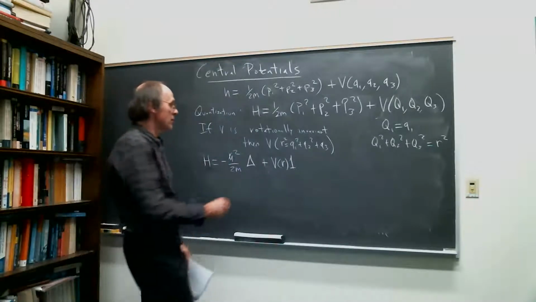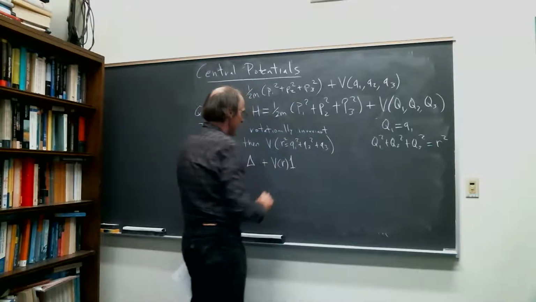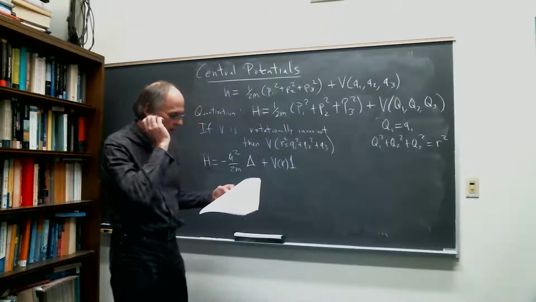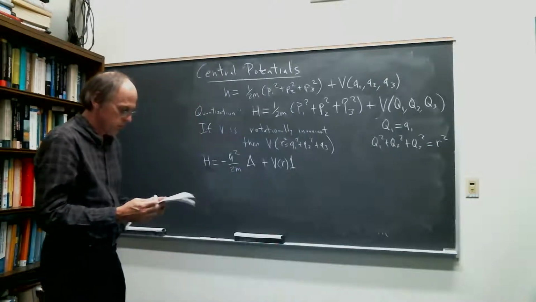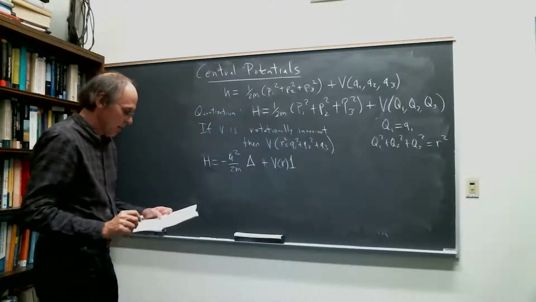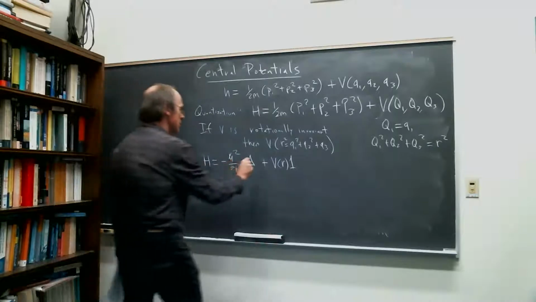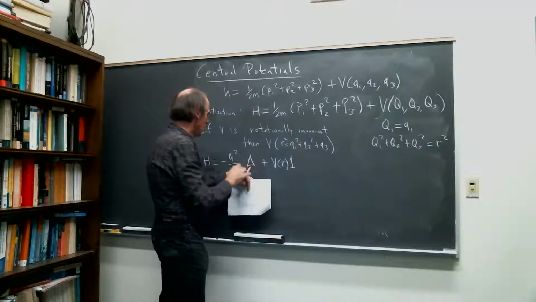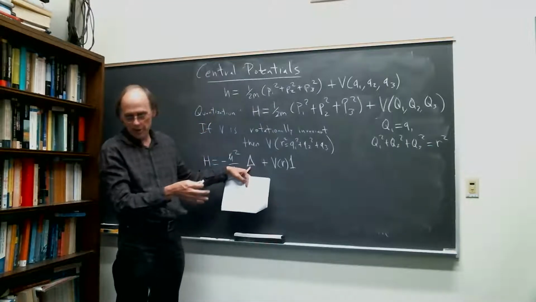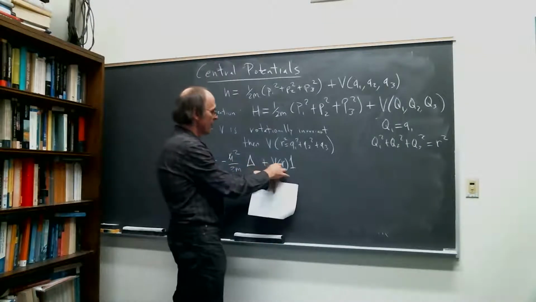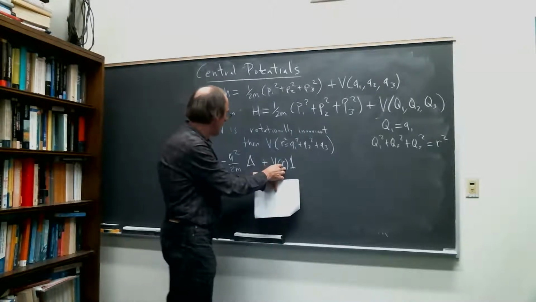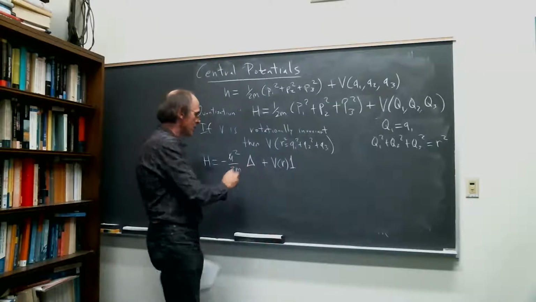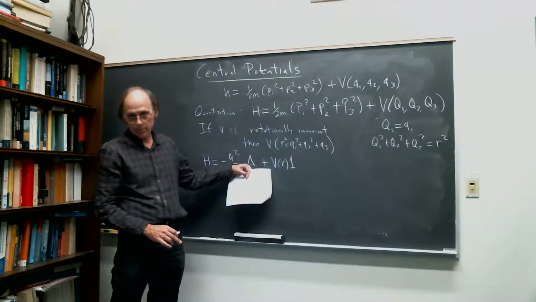But what I want to do is use the fact that we're rotationally invariant. I would use the fact that we're rotationally invariant to say this is just a function of r. But now I want to use it to re-express this in a simpler way.